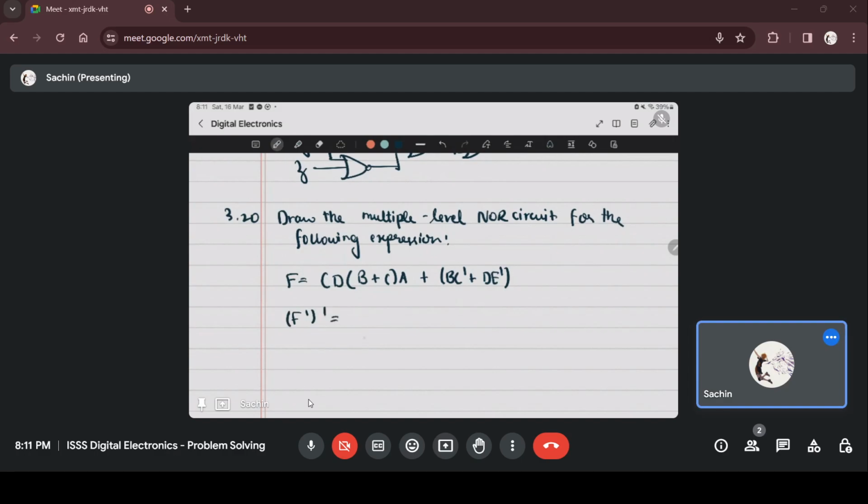F complement whole complement, you complement it twice. So you get ACD(B + C) + BC' + DE', complemented twice. Using De Morgan's theorem to do the inner complement, you can write the inner complement as (A'... the complement of ACD(B + C), BC', and DE', everything complemented.